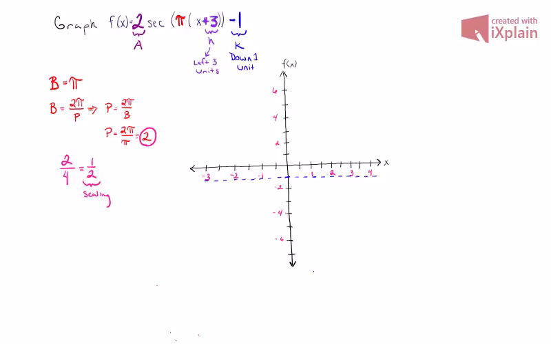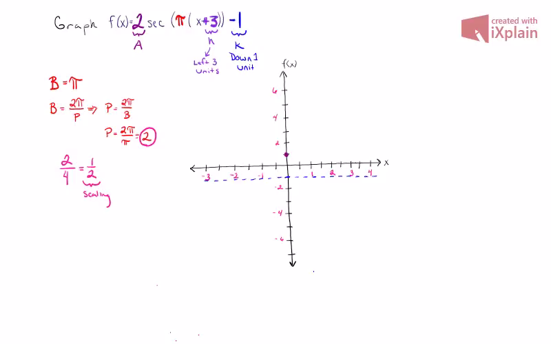Okay, so now what we want to do is we can look at it from the traditional perspective of the inverse of secant. So in this case, it's cosine. So we know that a cosine is going to start at the top, and a cosine has an amplitude. This cosine has an amplitude of 2, so I'm going to go up 2 units from the midline.